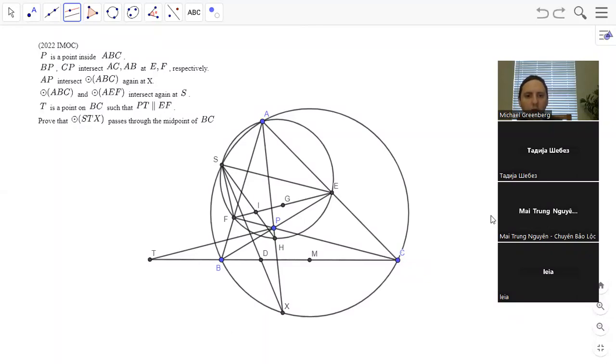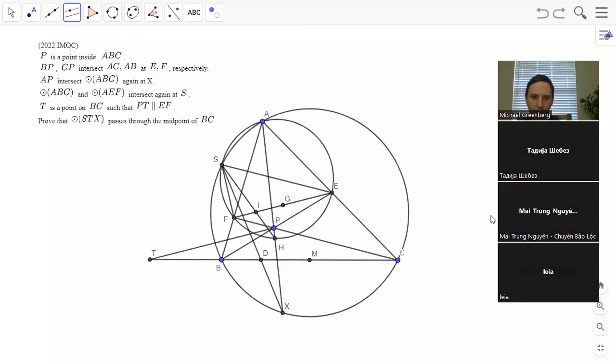I was just looking in my picture, sorry. In your picture, BD over DC is FI over IE. Yeah, that's obvious by the spiral similarity. Okay, so then we can use a more general fact about these spiral similarities to see that SFB is similar to SID.